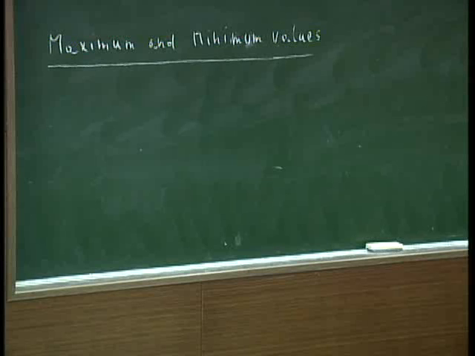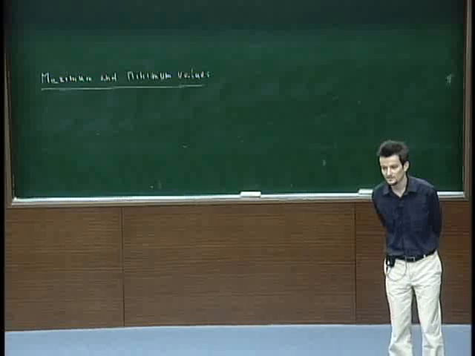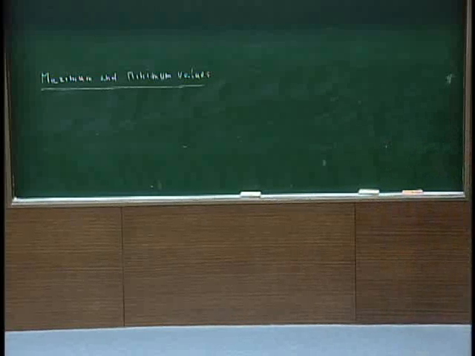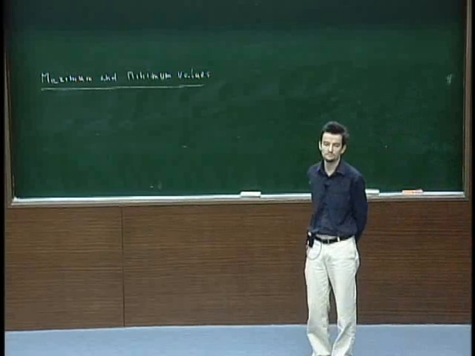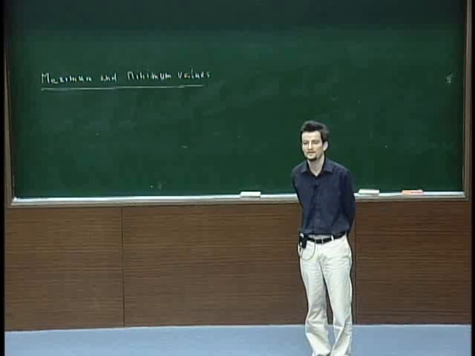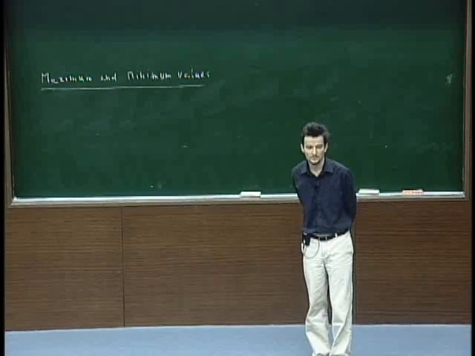Like if you're at a company, you want to maximize the profit. You want to minimize the working time and so on. So there is an obvious need, for given functions, to have a good machinery to find maximum and minimum values.